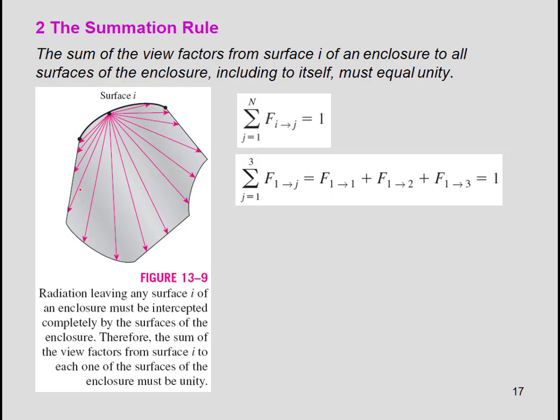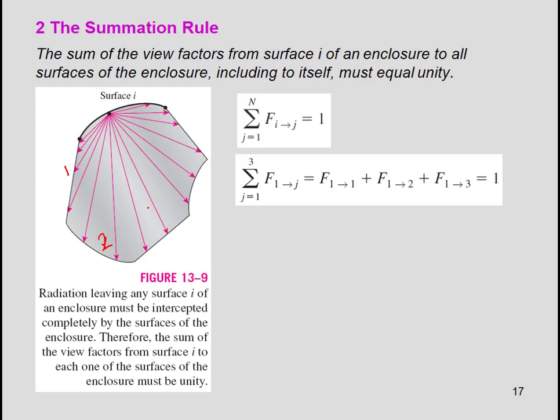For example, the fraction of radiation from surface i to surface 1 is the view factor Fi1, and for surface 2 it is Fi2, the view factor from surface i to surface 2.